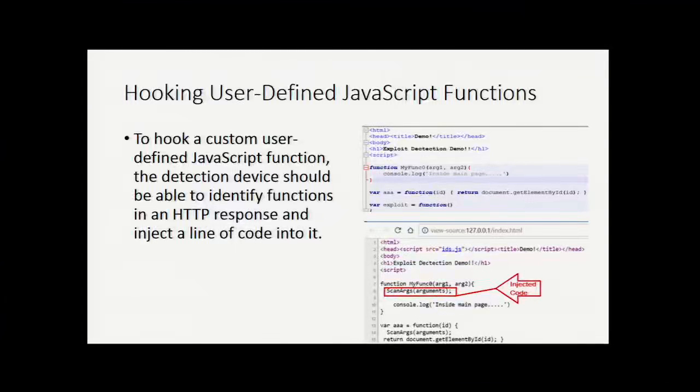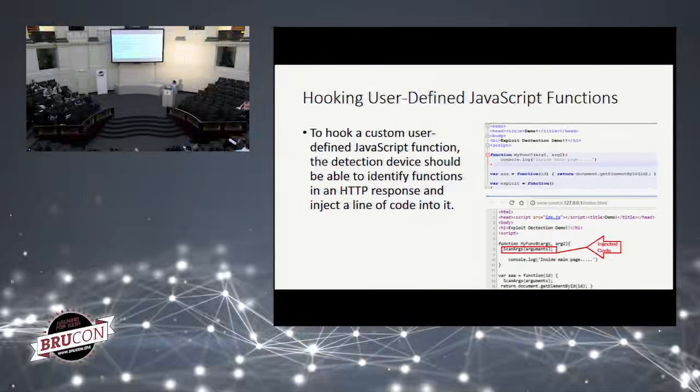The scanargs function is defined in ids.js. So whatever argument is passed to myfunc goes through all the checks we have implemented in scanargs. In this way, we can hook into custom functions defined by attackers.